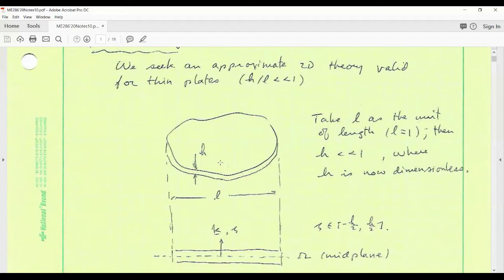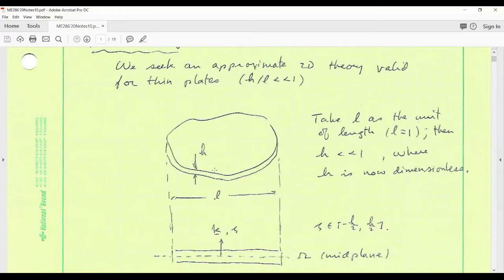And the basic premise is that that thickness h is very small compared to any characteristic span-wise dimension. We'll call it L. So let L be the smallest span-wise dimension, the smallest span-wise length that you can fit into the plate. That could be, if there's an interior hole, for example, the radius of that hole.